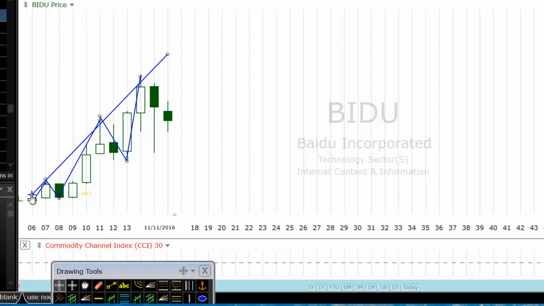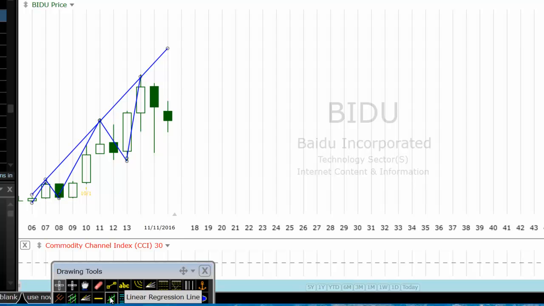We want to find out whether those who are trading this Baidu stock, a heavyweight technology stock, were using Elliott wave channeling to forecast the end of the fourth Elliott wave. So we connect the high of the first wave and the high of the third Elliott wave.